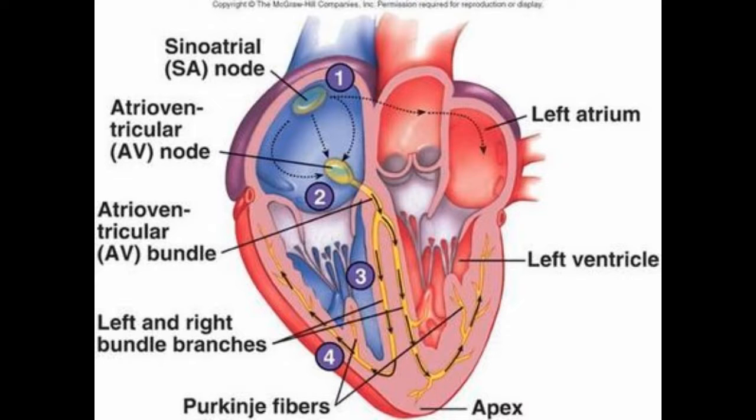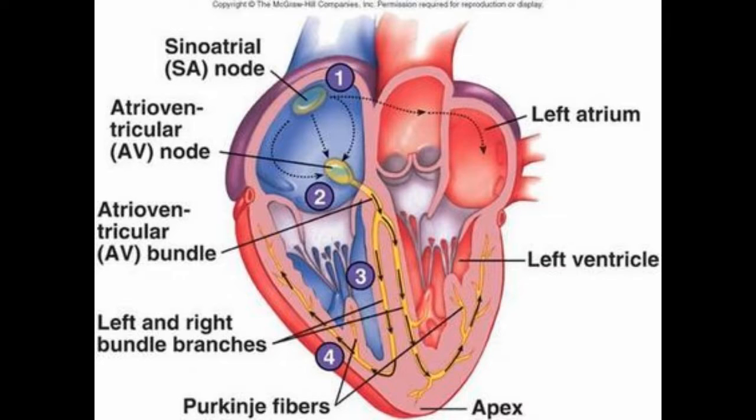After that electrical impulse goes to the AV node, it then goes to the bundle of His, which I can't use my arrow on here. You won't be able to see it, but it's basically before the left and right bundle branches separate, as you can see in this image. The bundle of His is just above that. The bundle of His has those two branches, the left and right bundle branches.